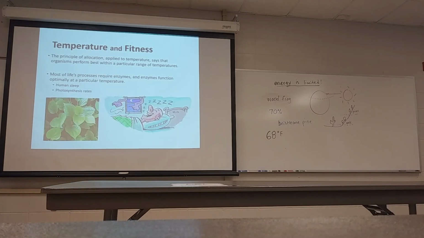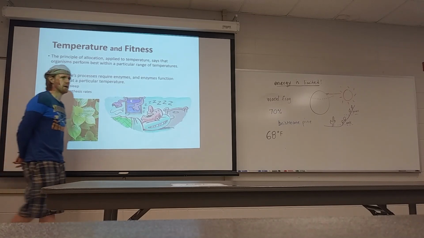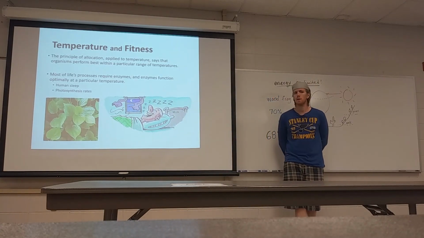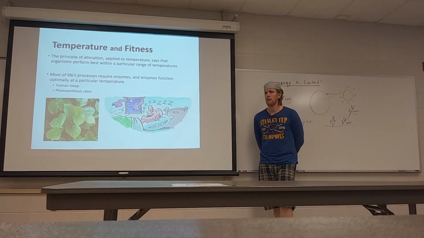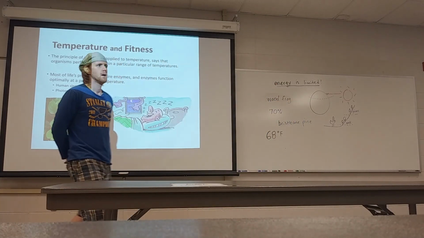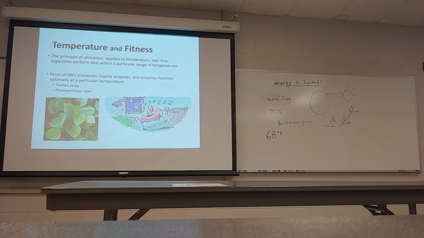Another example is photosynthesis rates. If you've ever had a garden, you know that external temperature, as well as rainfall, impacts how large your plants grow and how big the fruit yield is. So if it's a hot, dry year, you might still get a decent number of crops, but you won't get nearly as much if it were a little bit cooler and had a little bit more rainfall.